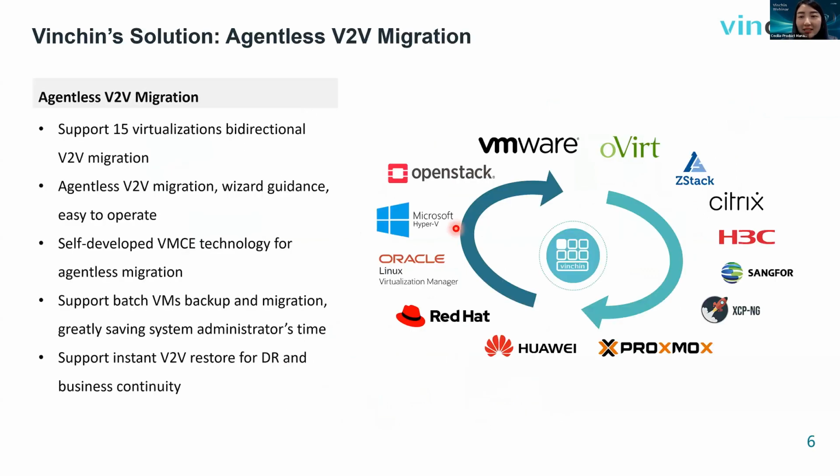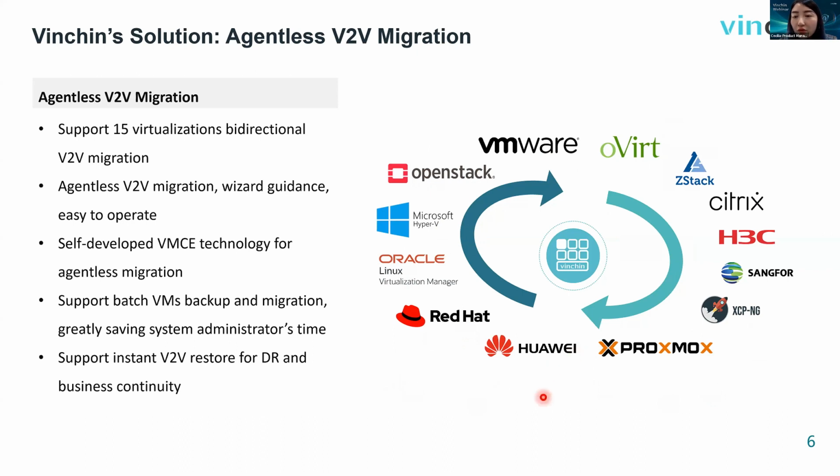So let's take a look at Vinchin's solution for cross-platform migration. As you can see in this picture, Vinchin supports up to 15 mainstream virtualization platforms for agentless V2V migration between any two of them, including VMware, oVirt, OpenStack, Microsoft Hyper-V, and many other platforms.